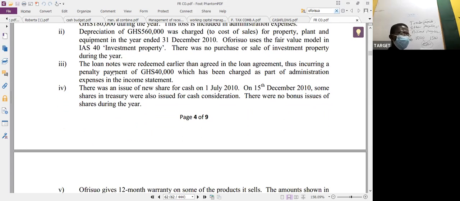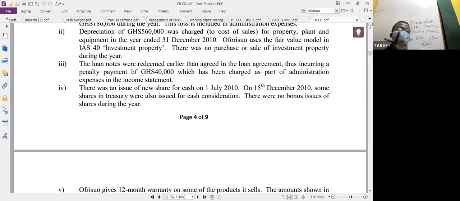Let's go to note 3. The loan notes were redeemed earlier than agreed in the loan agreements, incurring a penalty of 40,000, which has been charged to admin. We said that this is not an admin cost; this is a finance cost. Simple as that. So let's go and take it off.